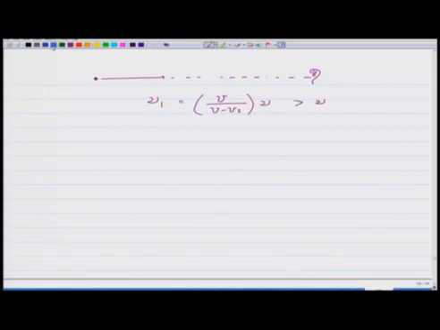By the same logic, if this source was moving the other way along the line joining the observer and the source, then the frequency would be v over v plus v source times nu, which is less than nu. So, I am going to hear either a higher frequency or a lower frequency.